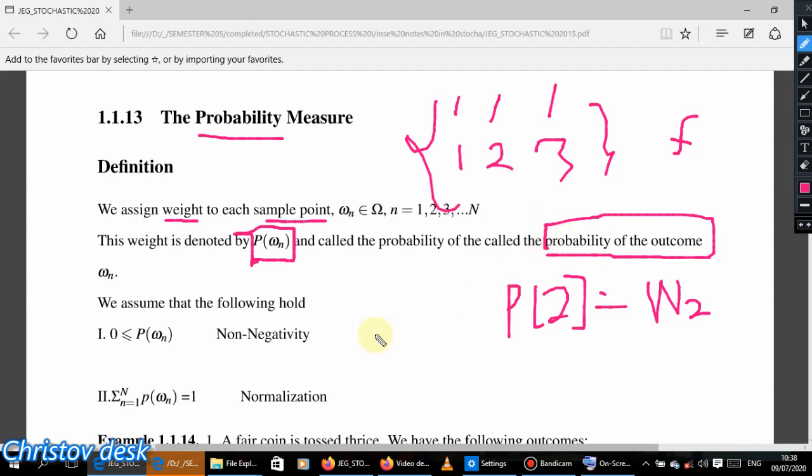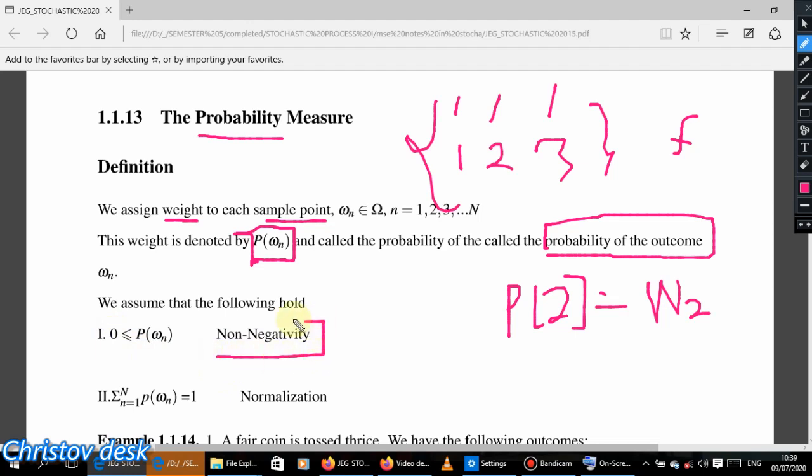And remember, we assume that the following holds: probabilities are positive, so you can't have a negative probability. The probability or the weight that you are assigning to the outcomes is always greater than or equal to 0, that means it's non-negative.